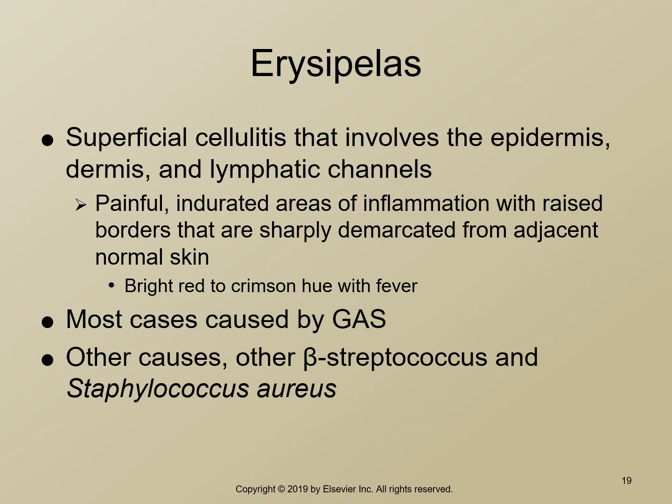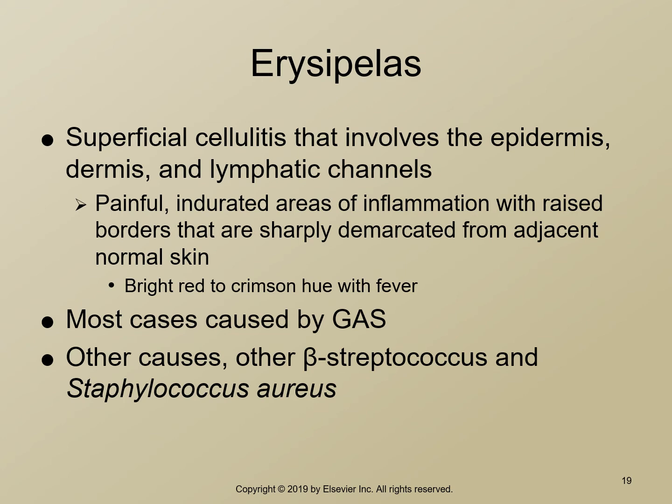The lesions of erysipelas are characterized as painful, indurated areas of inflammation with raised borders that are sharply demarcated from the adjacent normal skin. The involved skin usually has a bright red to crimson hue, and patients often have fever.